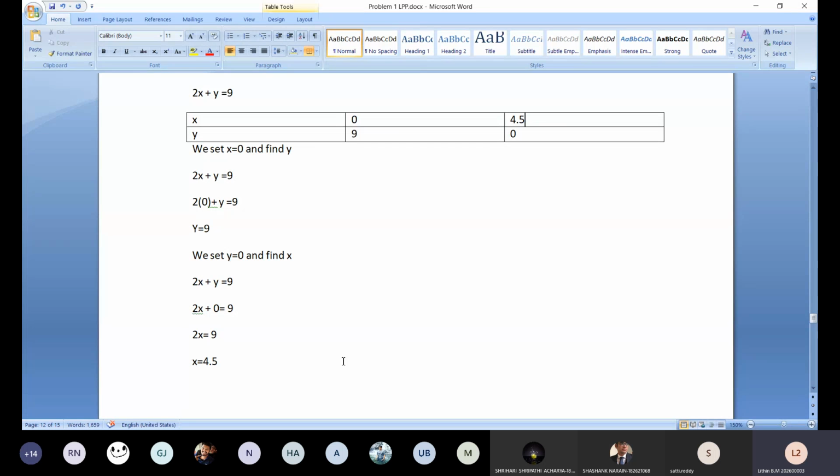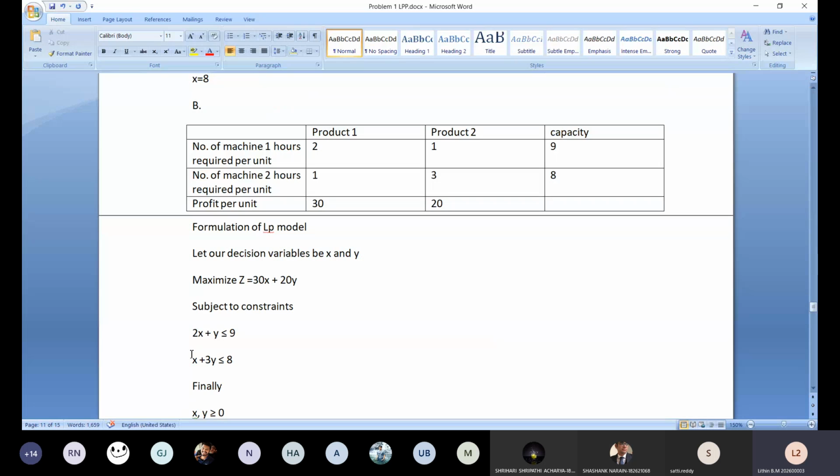In the same way, we have to convert the second inequality constraint into an equality constraint. What is the second inequality constraint? That is x plus 3y is less than or equal to 8.